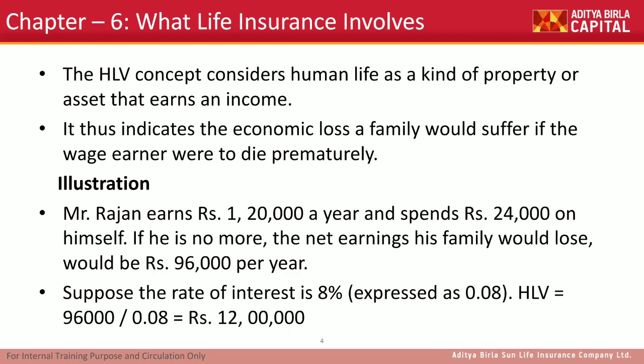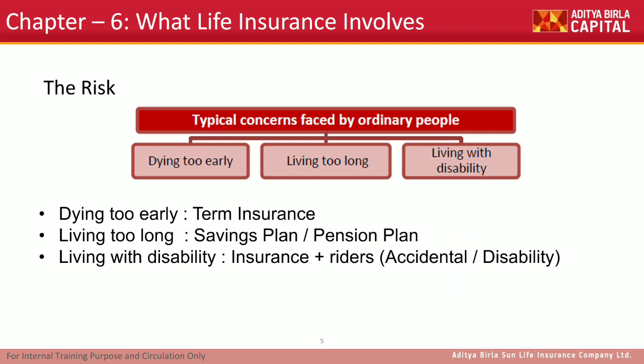Suppose the rate of interest is 8%, then human life value will be calculated as 96,000 divided by 8%, which is 12 lakhs. So human life value of Mr. Raj is 12 lakhs. Now let's move ahead and try to understand the term risk.